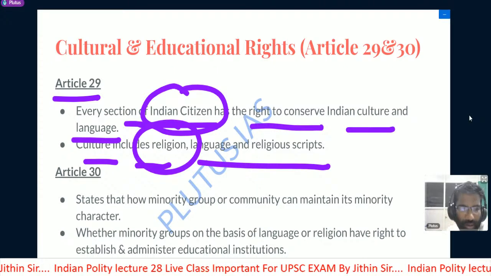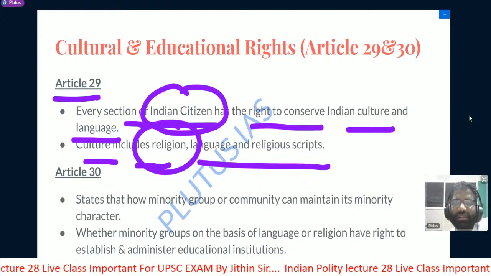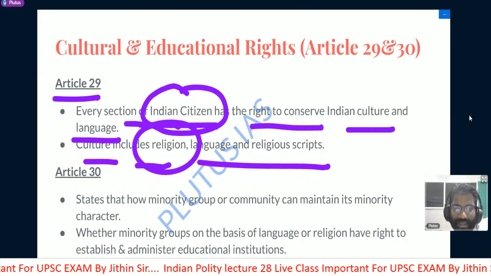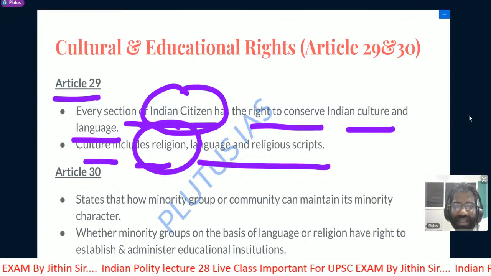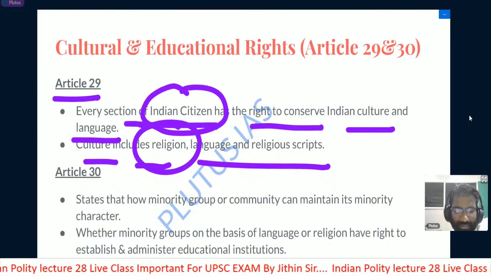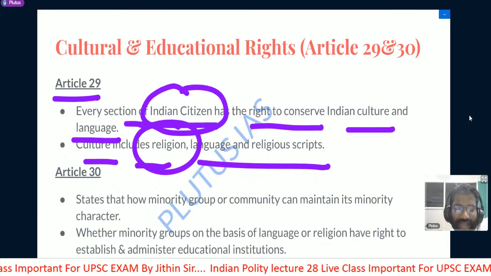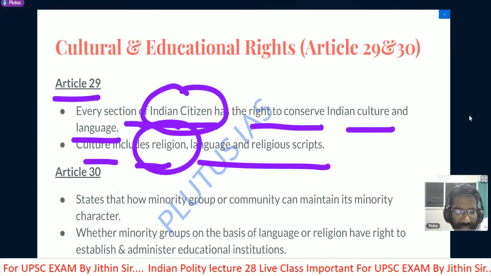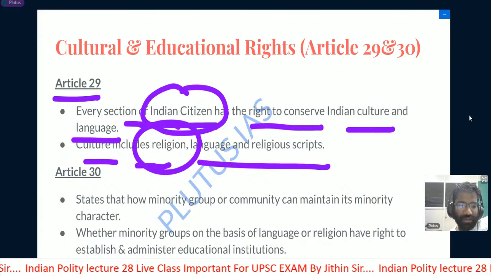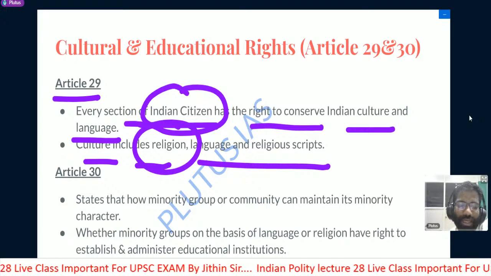Write down. Article 29 and 30 deal with cultural and educational rights.